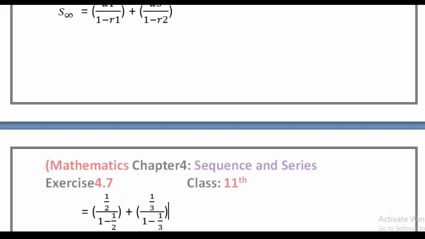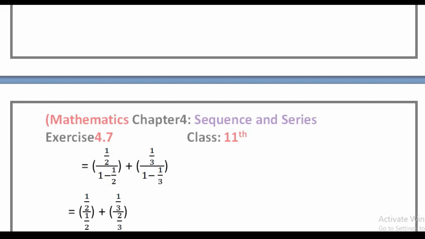So by putting the values in the infinite series, S infinite is equal to first term a1 is equal to 1 divided by 2 over 1 minus the value of R1 is equal to 1 divided by 2, plus the second infinite term, that is value of a3 is equal to 1 divided by 3 over 1 minus the value of R2 is equal to 1 divided by 3.